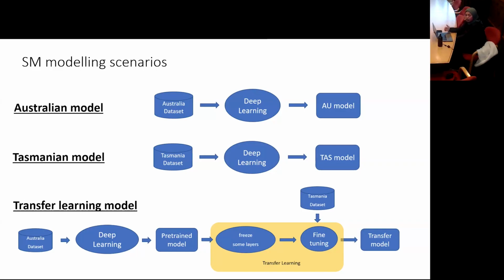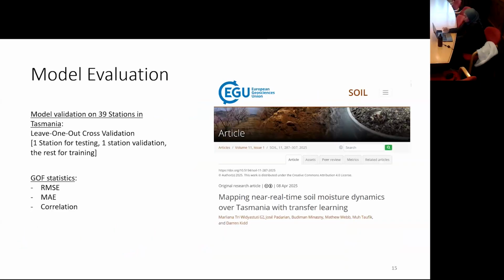So we're going to compare the performance of these three models against the soil moisture records in Tasmania, so we can see what the difference is. Model evaluation is done by validating those three models at the 39 stations in Tasmania that we have. For the Tasmania and transfer learning models, we follow leave-one-out cross validation, so we have one station for testing, one station for validation, and the rest for training the models.